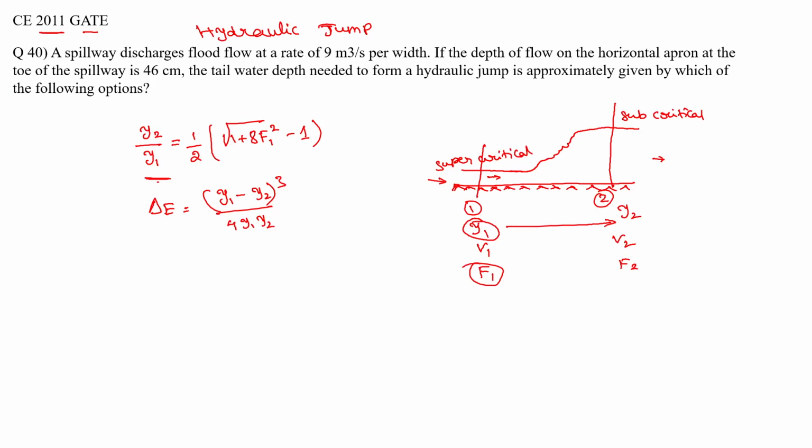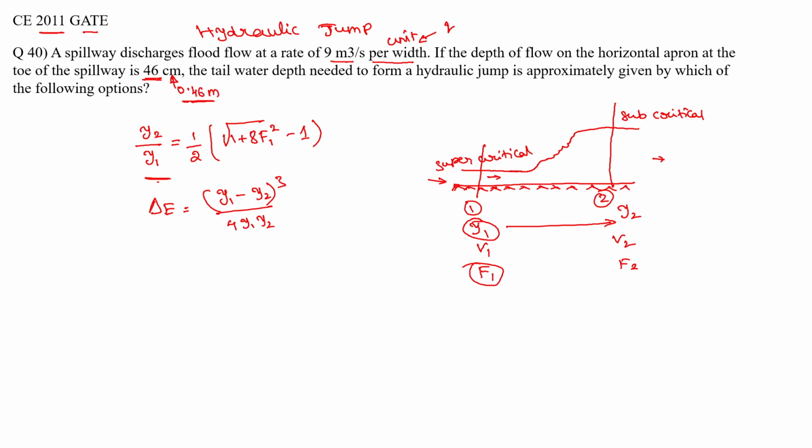Okay, now let's see the question. The question is as follows: a spillway discharges a flow at a rate of 9 meter cube per second per unit width. Okay, per unit width. It means that they have given us small q. If the depth of the flow on the horizontal apron at the toe of the spillway is 46 centimeter, so you can write it as 0.46 meters also.